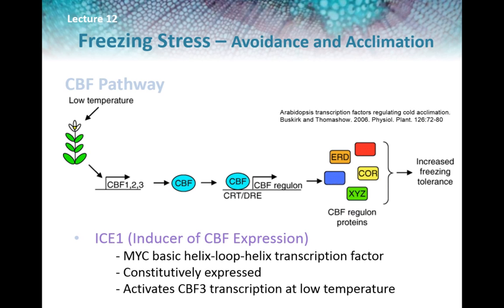It's an MYC basic helix-loop-helix transcription factor. Once activated, ICE1 triggers CBF3 transcription by binding to ICE-R1, induction of CBF expression region, which is also an MYC cis element in the CBF3 promoter. It is assumed that similar transcription factors exist for other CBF genes.